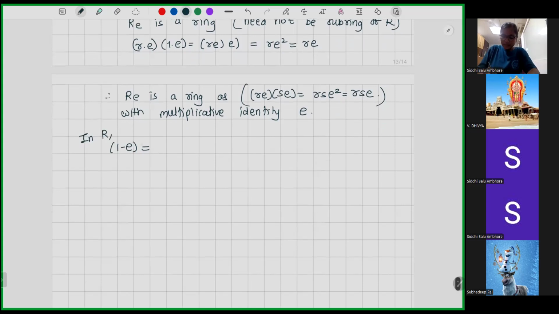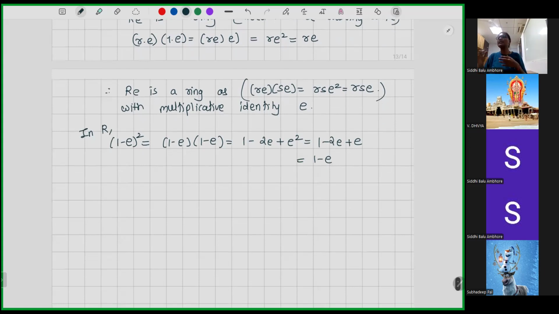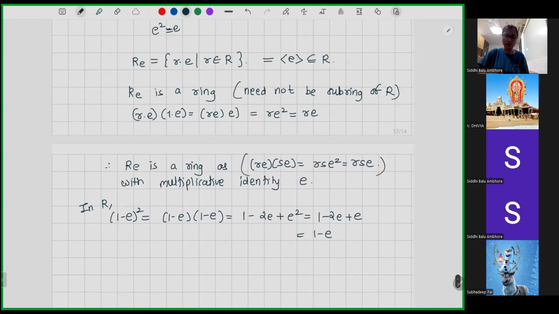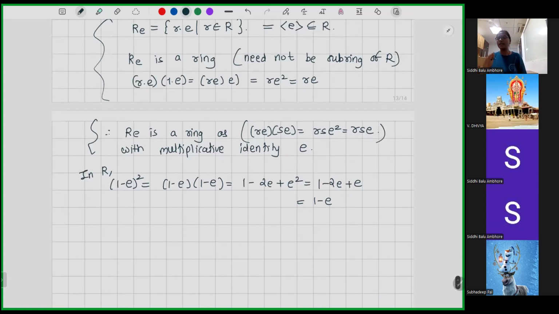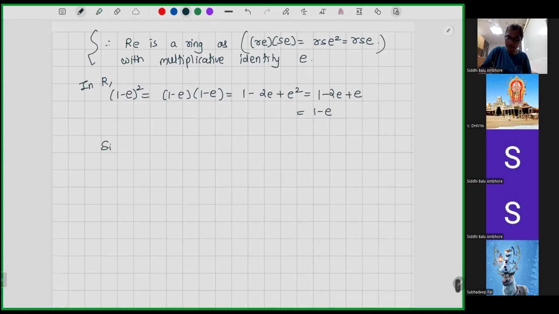So in R, 1 minus E square is 1 minus E into 1 minus E, which is 1 minus 2E plus E square, but E square is again E. So it is 1 minus E. So 1 minus E is again an idempotent element in R. This whole explanation for RE becoming a ring is true for any idempotent element. We nowhere use the specification of E.